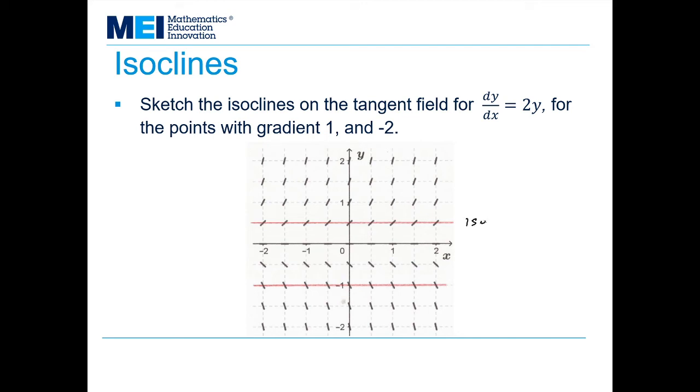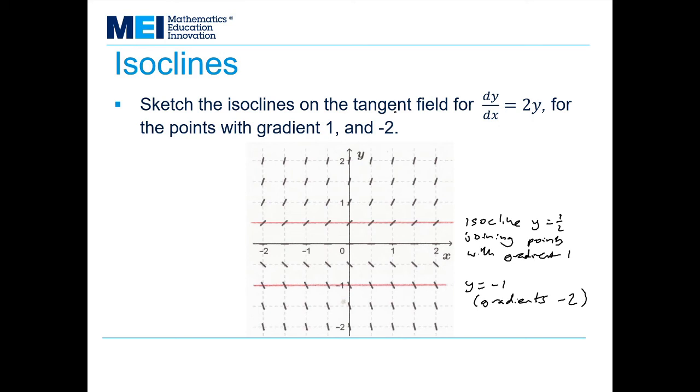So this is the isocline y equals a half, and this is joining points with gradient 1, and this isocline is y equals negative 1, and this is joining the points that have gradients of negative 2.